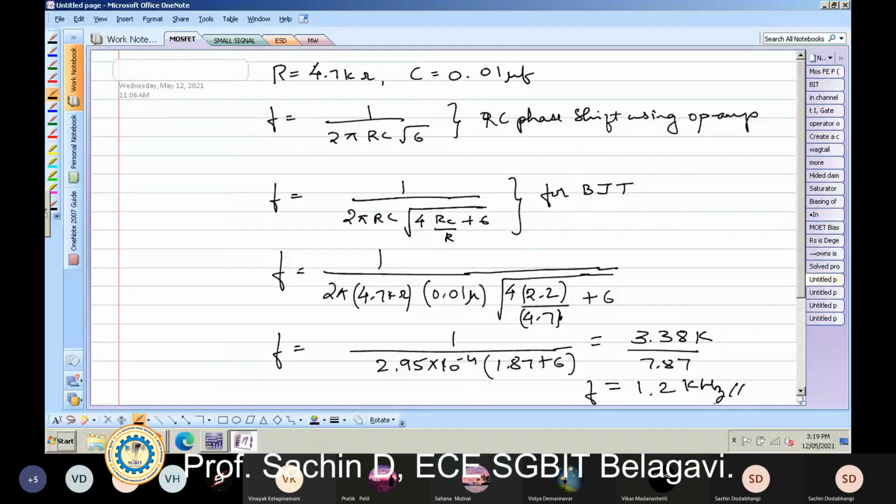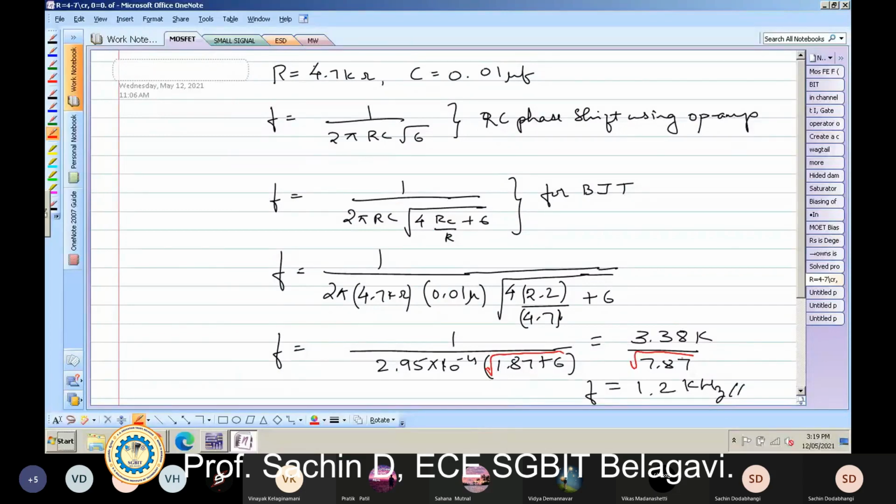So see, I have taken RC, this one. No, this one is root. One second, this one is a square root here.